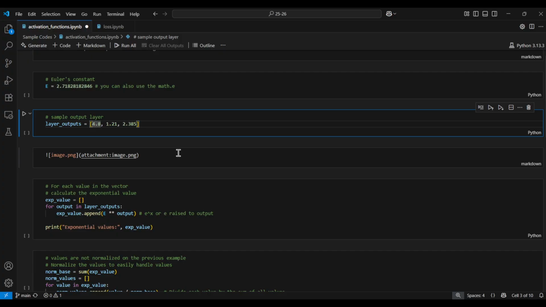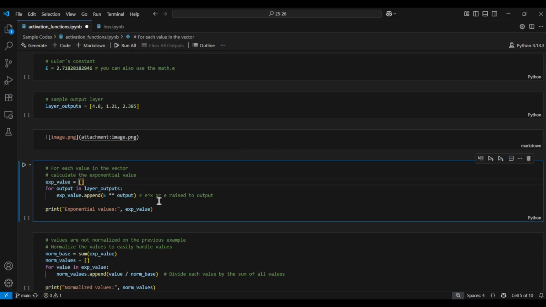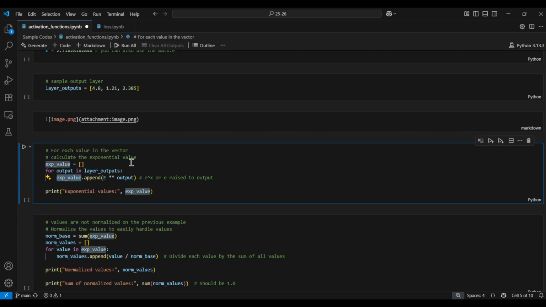We need to perform the softmax function for each of these outputs, so overall we will have 3 outputs that we need to display. For that, you can use a simple for loop to iterate over each output, and it will store the values in the exponential value.